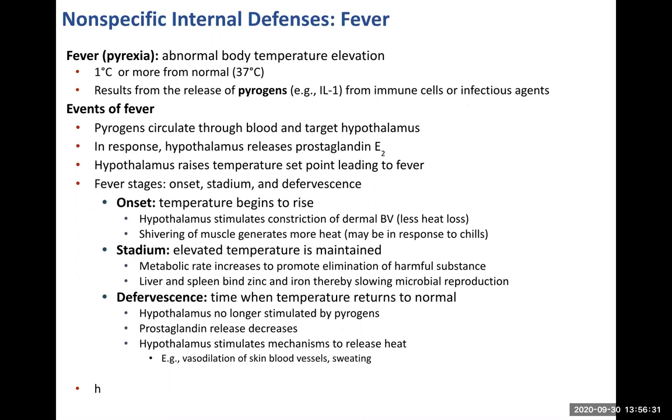One of the hallmarks of onset is shivering. It's counterintuitive that we shiver, but shivering is adaptive in the sense that it helps the body to increase temperature faster.